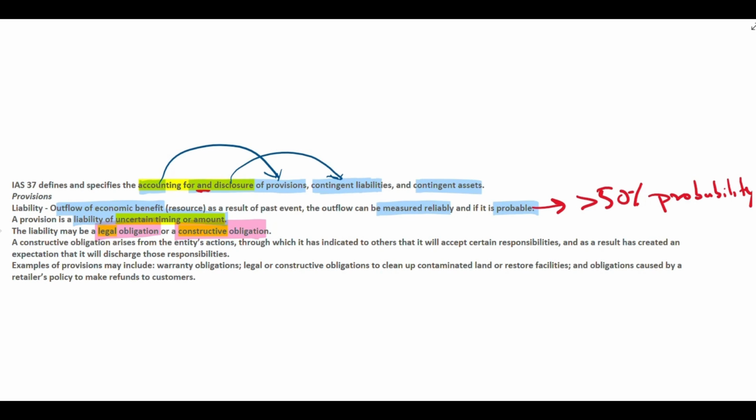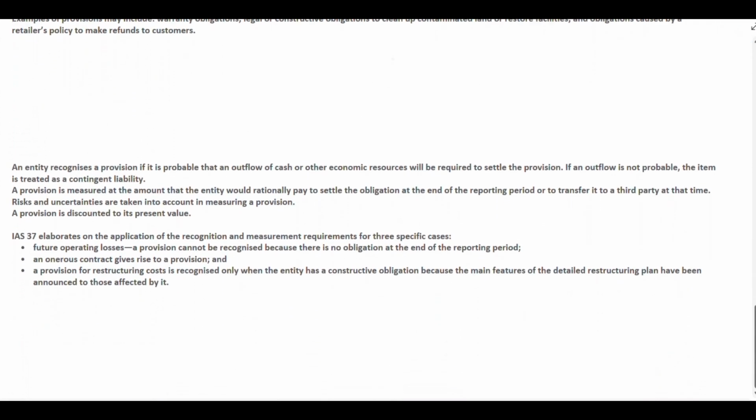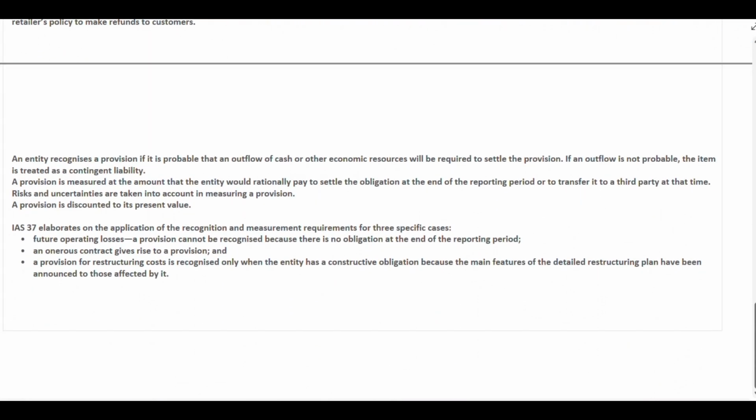So now we will see how provisions can be measured, how to measure provisions based on different conditions, and how subsequently they have to be treated. Okay, so let's create some room here.